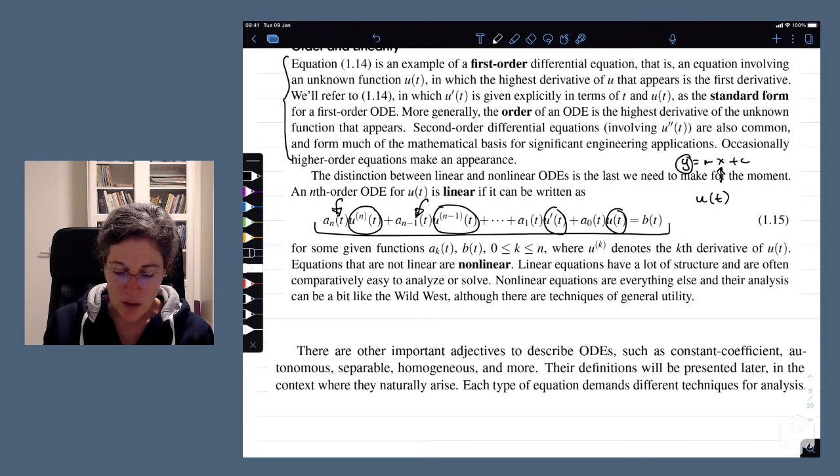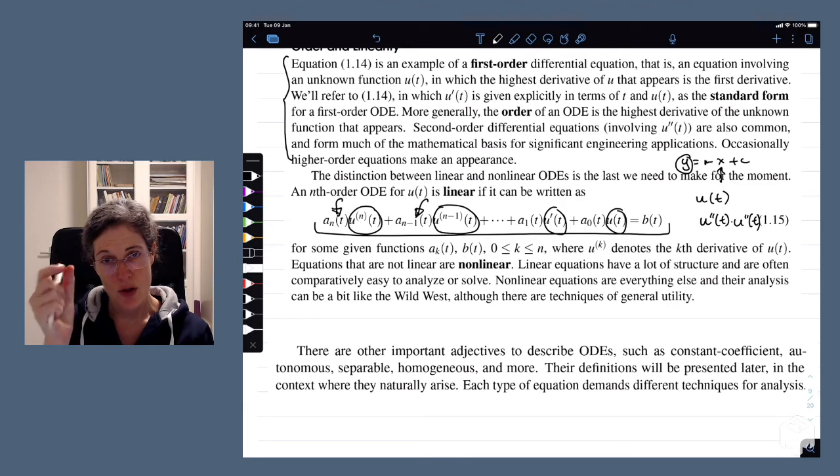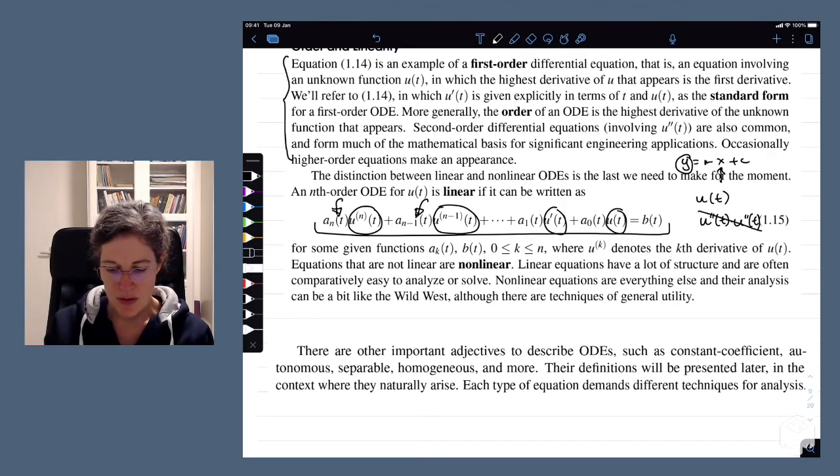So we don't have any situations, if you're a linear DE, where you might have, for example, the second derivative times the first derivative. So there are no cross terms, there are no powers of terms, nothing like that. In each term that we have in a linear differential equation, we just have one derivative of our original unknown function multiplied by something.